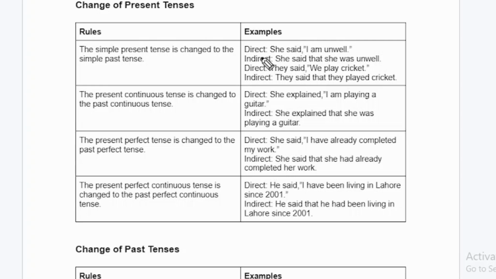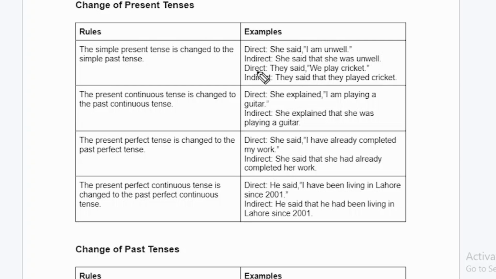So we have done it: she said, present tense is changed to the simple past tense. You can see that in this structure, only what is between the inverted commas has changed: she was, am converted into was, and unwell.